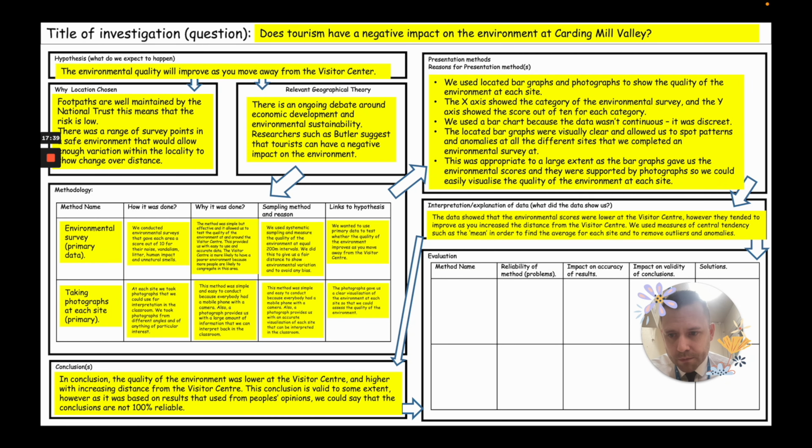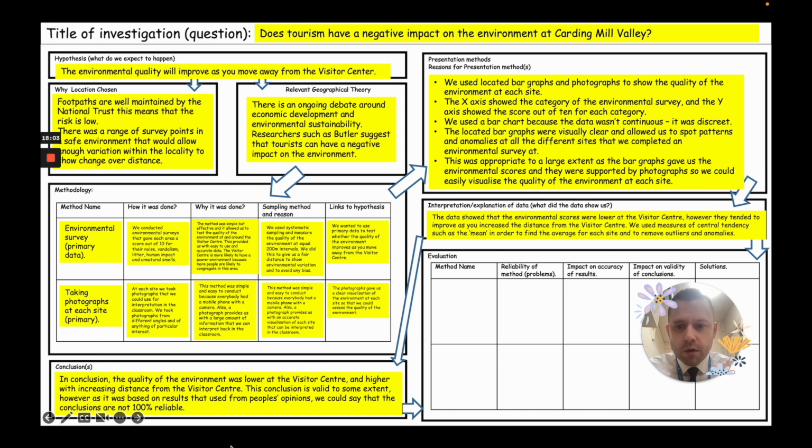In conclusion, the quality of the environment was lower at the visitor centre and higher with increasing distance from the visitor centre. This conclusion is valid to some extent. However, it was based on results that used people's opinions. We could say that the conclusions are not 100% reliable.